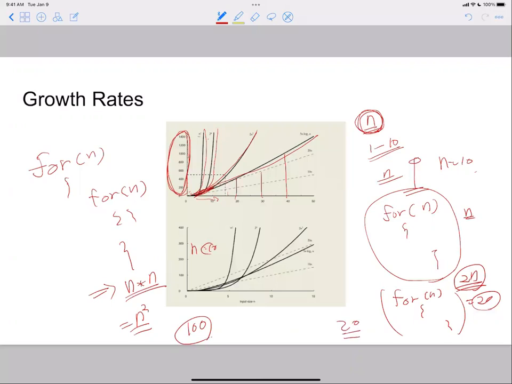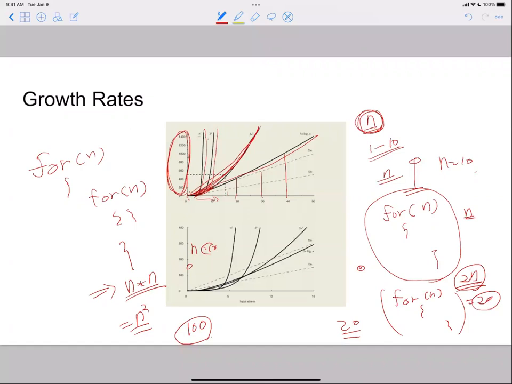So if you can have two separate for loops and it can solve the given problem, then this is a better way to do it, not this way. So sometimes you have to embed a loop inside a loop, but we want to avoid that case because with this n squared case, the growth rate graph does not look great.